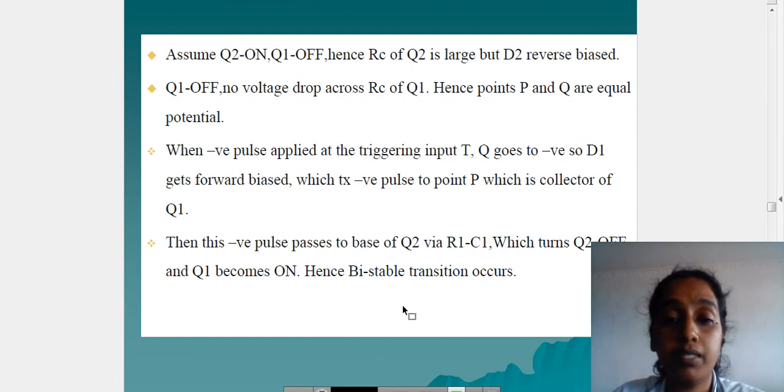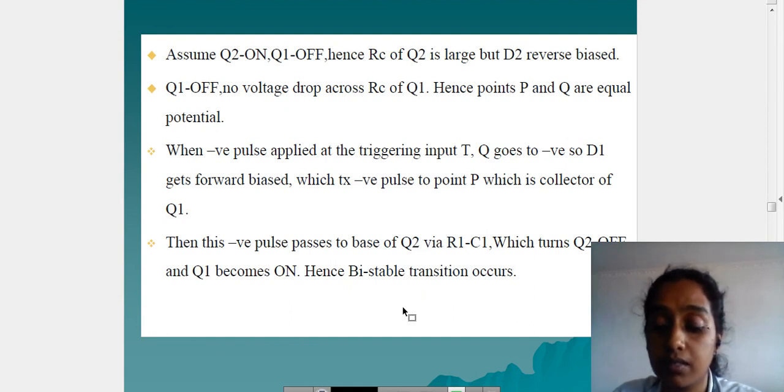When a negative pulse is applied, Q goes negative, so D1 will be forward biased. The transmitting negative pulse at point B, which is the collector of Q1, passes to the base of Q2, which turns Q2 off, and Q1 will go to the on position. Hence, bistable transition occurs.